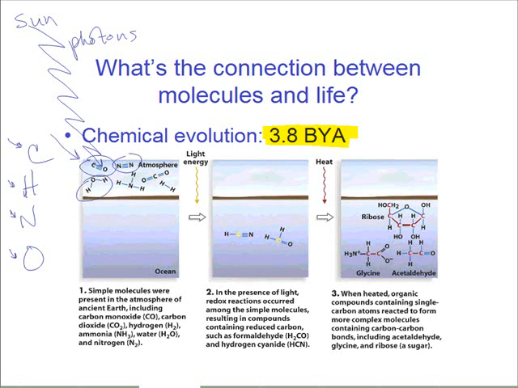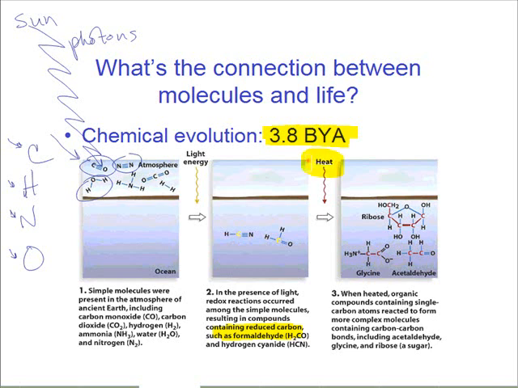And some of these then got taken down into the ocean, and we started forming even more complex molecules, things like, and this was a key one, formaldehyde, which is carbon with some oxygen and hydrogens attached to it.